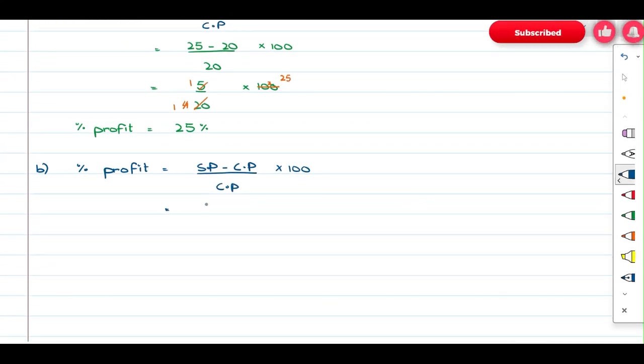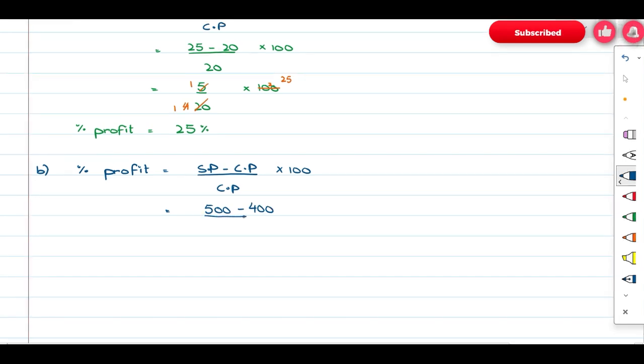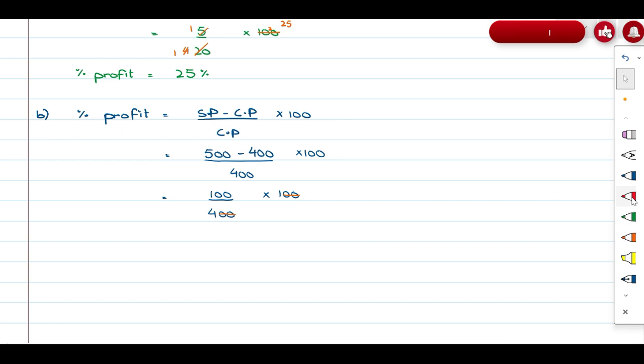Okay. So this is 500, take away 400, divided by 400, multiply by 100. Okay, from 500, if you take away 400, it's just 100, divided by 400, multiply by 100. Okay, let me cancel the zeros with the zeros, and here we are left with 100 divided by 4.